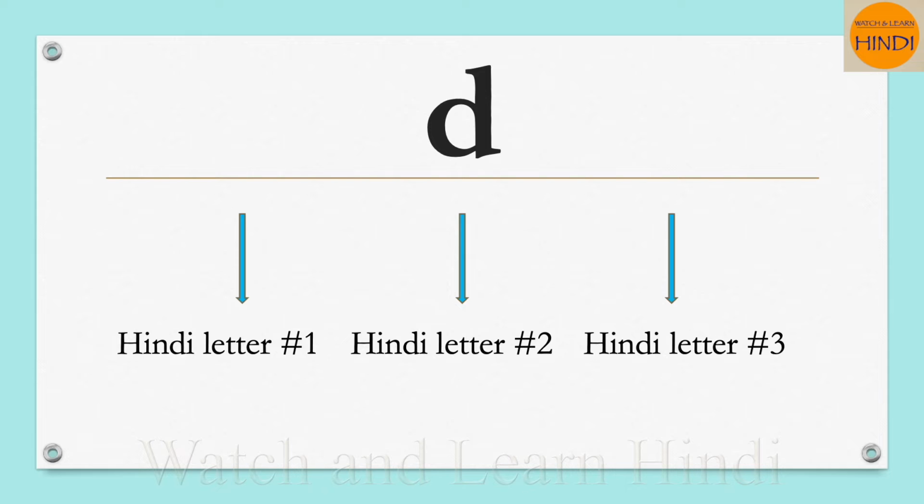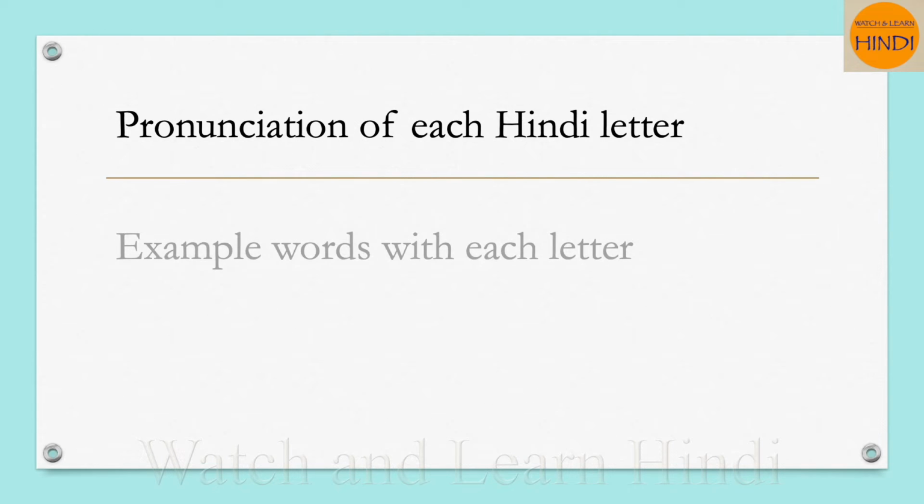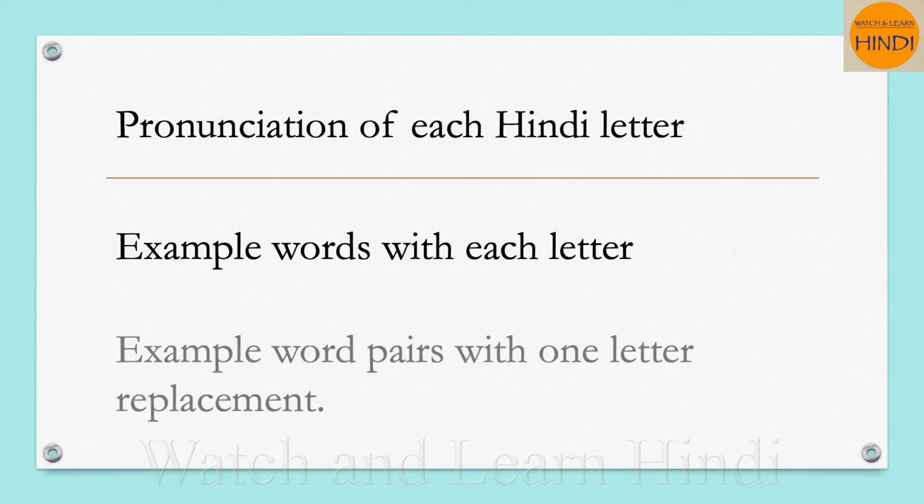So today, I will tell you the correct pronunciation of each of these three Hindi letters and the words which contain these letters. This is important because one, it will improve your vocabulary, and second, as I will also show you, replacing one of these letters with another can completely change the meaning of a word.